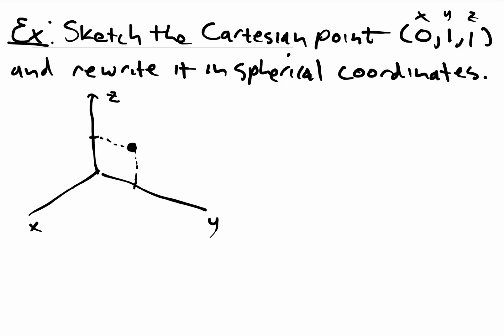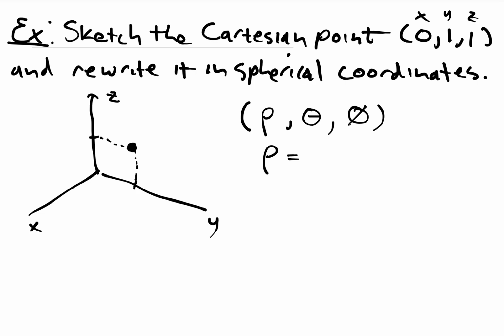We're right there. Now, if I want to write this in spherical coordinates, we said that we wanted rho, theta, and phi. My rho was supposed to be my distance from this point to the origin.